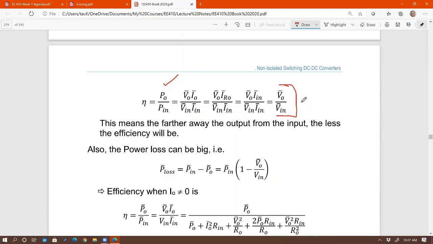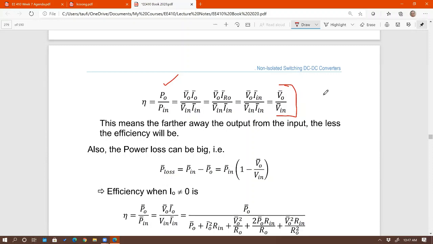How is that good? If what? If V out is very close to V in. Let's say that your V in is 12 volts, your output is 11.5, then of course good. But in reality, that's not going to happen, right? Output voltage is typically quite different from the input voltage.